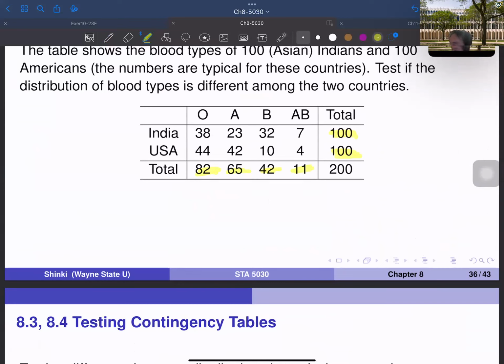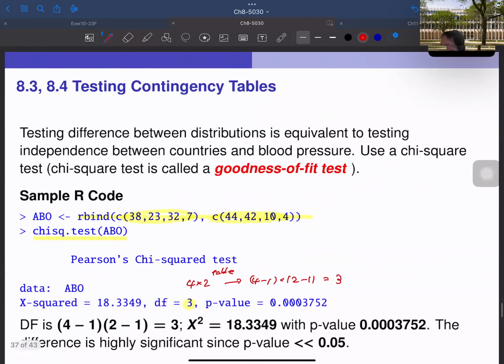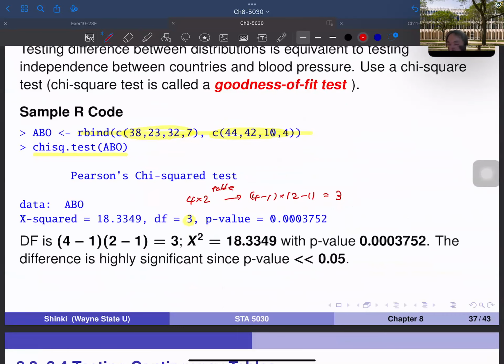If we have decided this number, this number and this number, then the other numbers are automatically determined, because if we know the subtotals, they are determined. And if we know these subtotals, these numbers are also determined. So that does not prove the statement, but it is the intuitive reason that the degrees of freedom is 3.